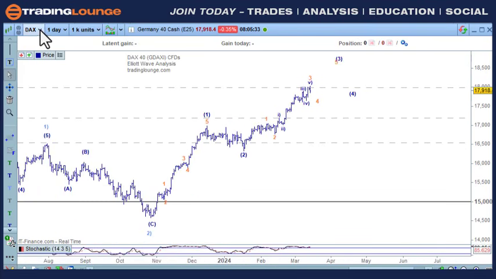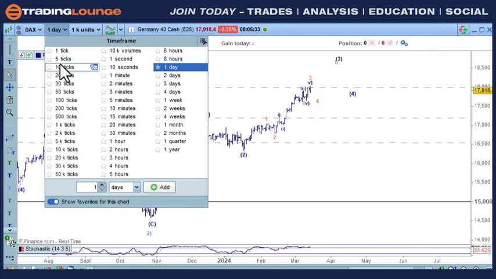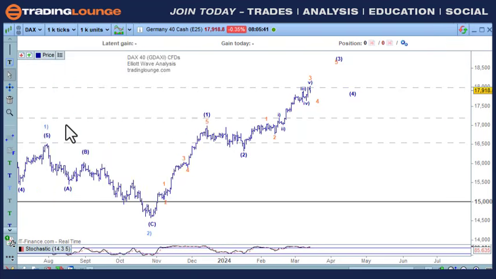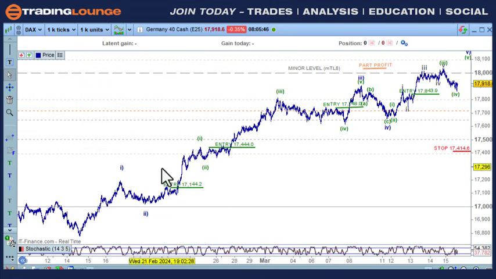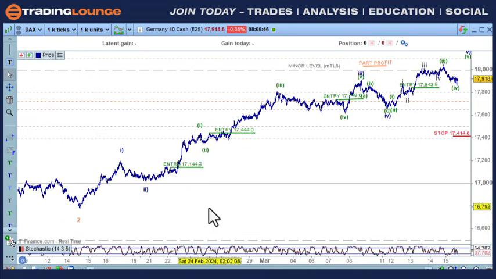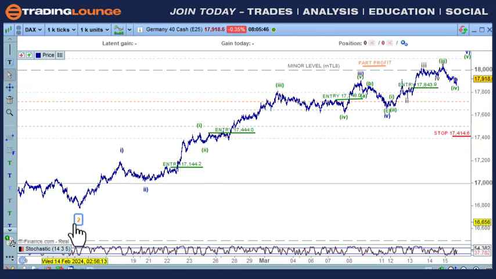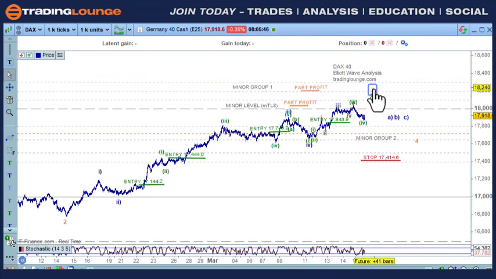So let's just go from 1 day to 1,000. I think we've been toying around with this. Yeah, so I've just cleaned this trend up a little bit, just to this wave 2 here, going up to wave 3 up here. That's what we're looking for, this wave 3 here.